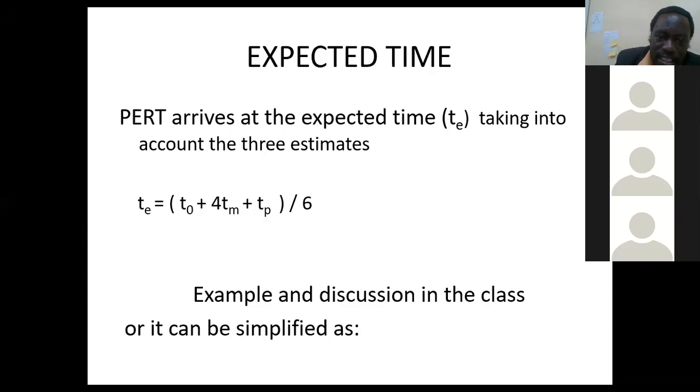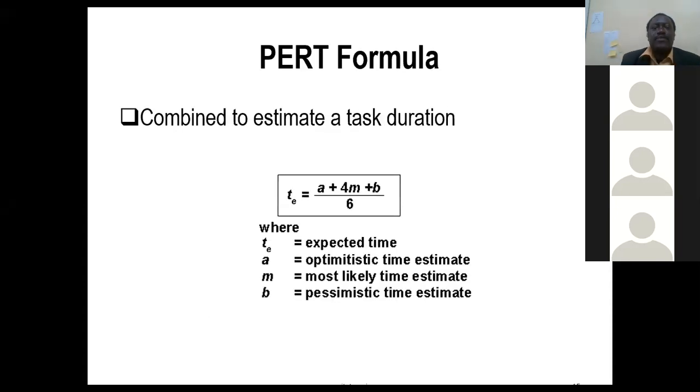Or I can express it this way: TE is equal to A plus 4M plus B divided by 6, where TE is the expected time, A is the optimistic time estimate, M is the most likely time estimate, and B is the pessimistic time estimate.